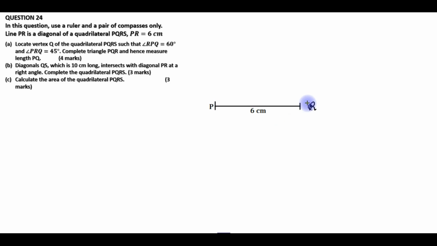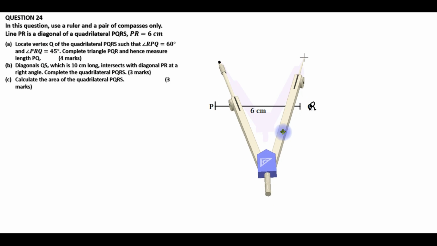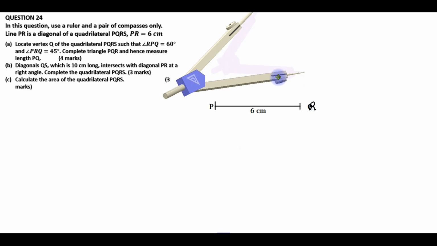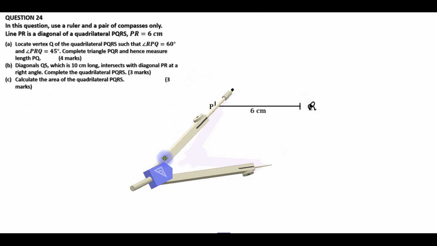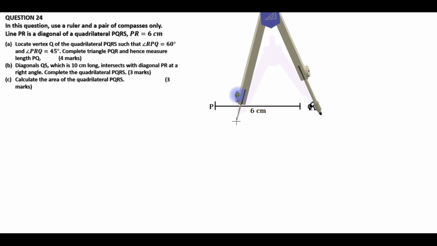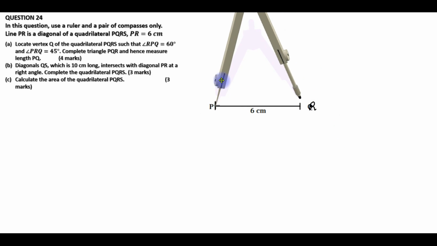So we need to construct an angle of 60 degrees at P. So we use a compass, and that's what we are going to use to construct an angle of 60 degrees.